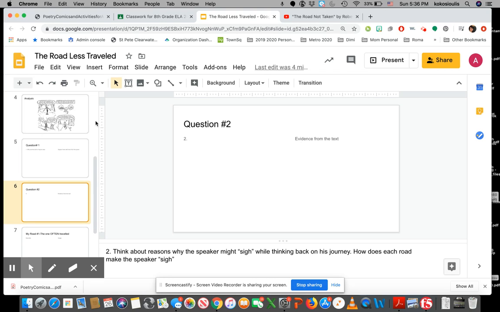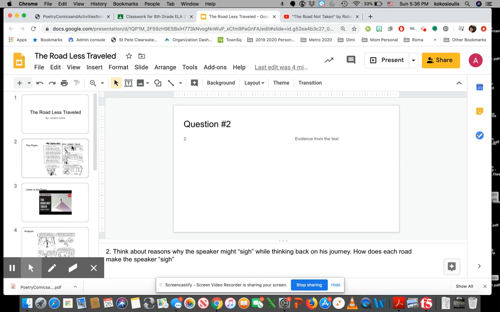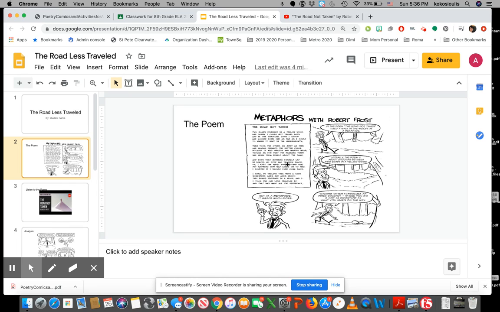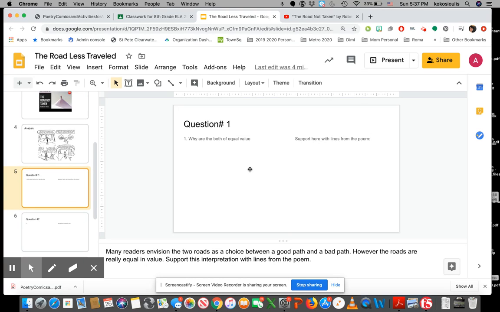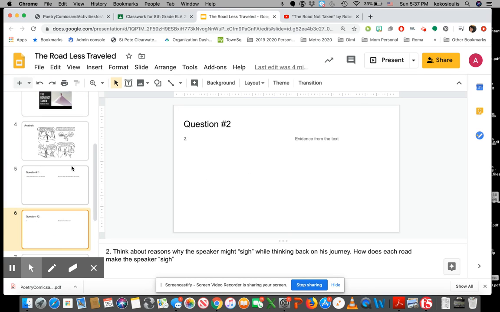How does each road make the speaker sigh? So when you read it, the last stanza talks about, "I shall be telling this with a sigh, somewhere ages and ages hence." So why do the two roads make him sigh? Think about that and support that for both questions with lines from the poem.